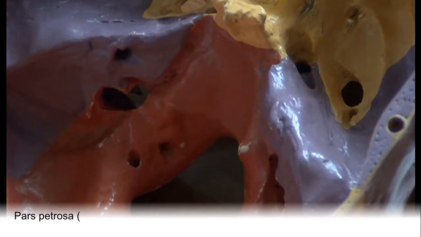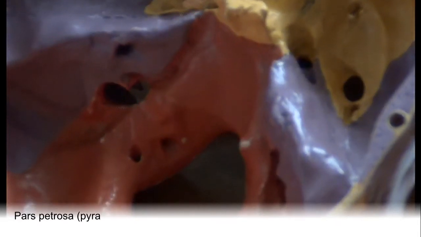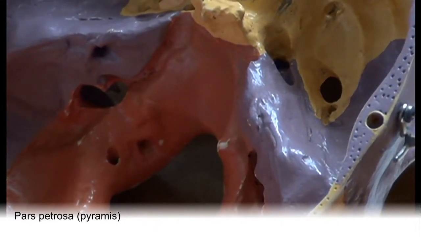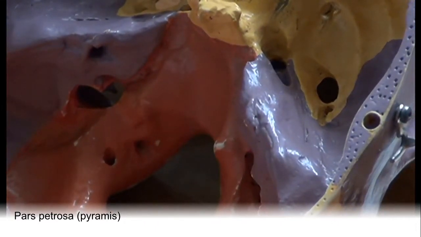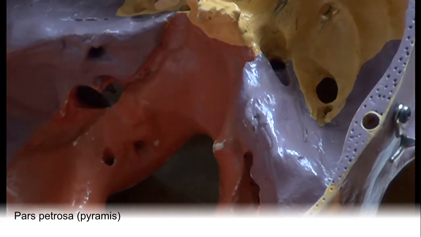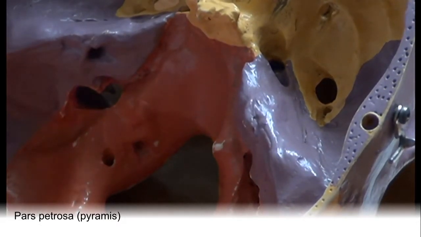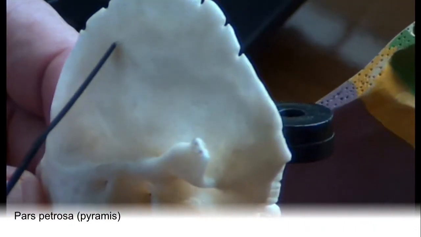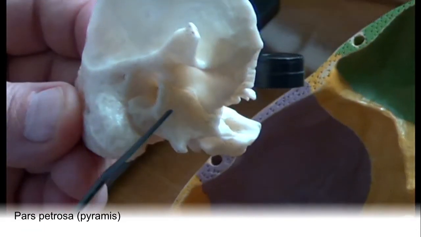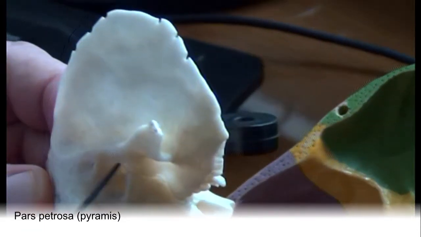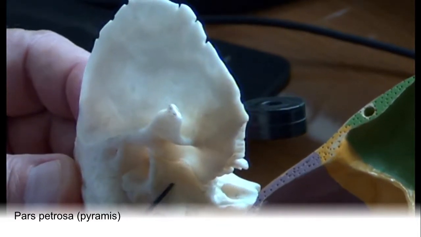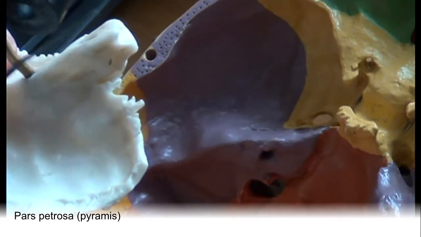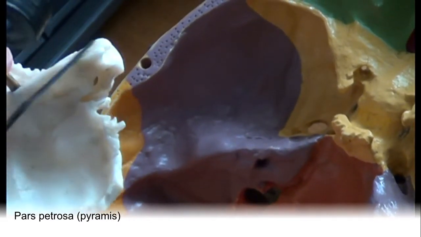Pars petrosa, in parenthesis, Pyramis. Pars petrosa, seu Pyramis. So, we have found three main parts of the temporal bone. Pars squamosa, pars tympanica, and internally pars petrosa or Pyramis.